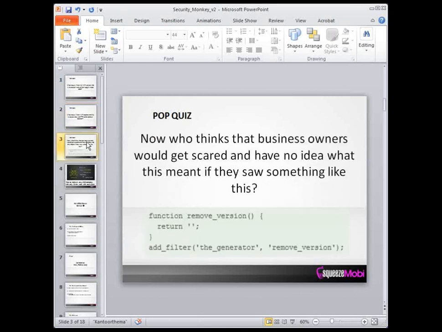Now, who thinks business owners know this? I mean, they have no idea. And who thinks business owners get scared when they see something like that box that I'm showing below? Who thinks that just terrifies them and they have no idea what that means, what to do with it, how to solve it?